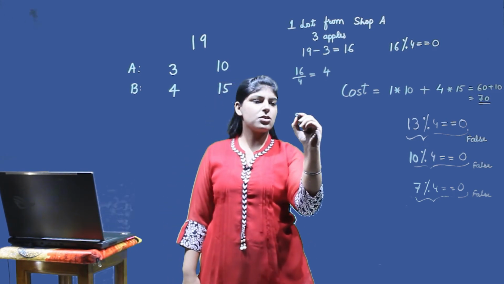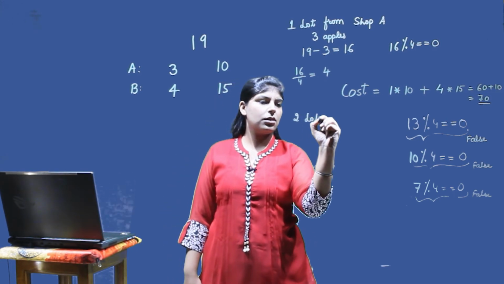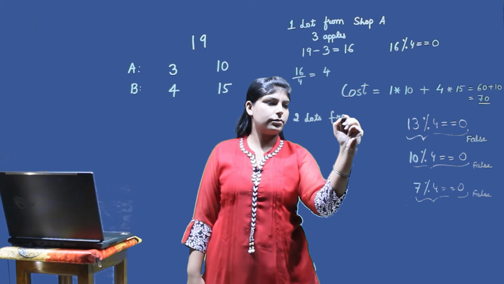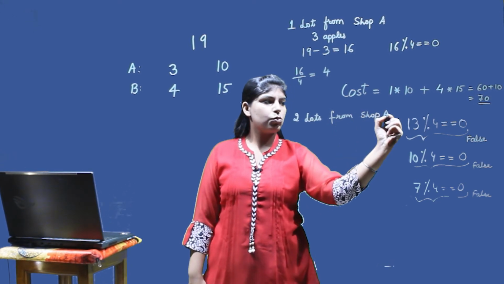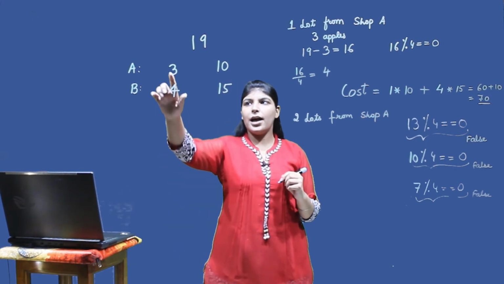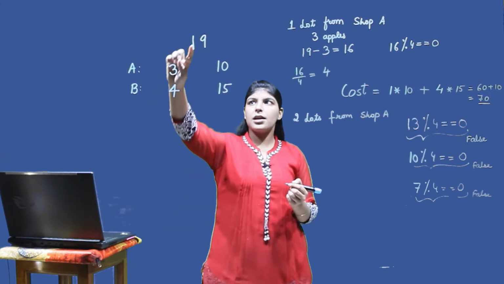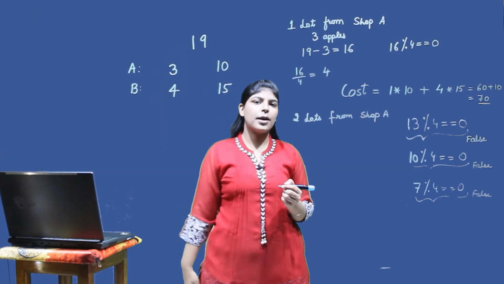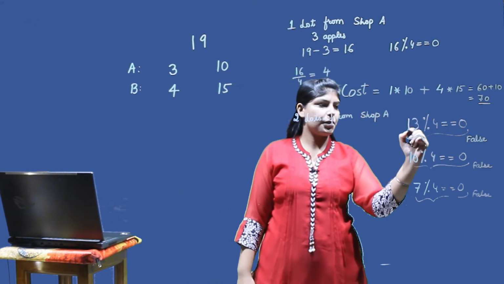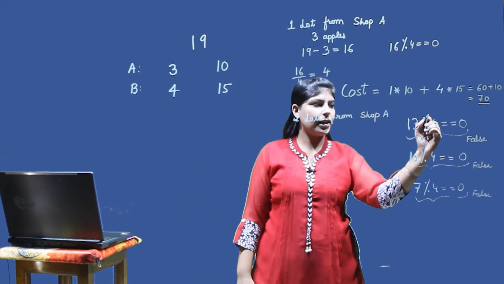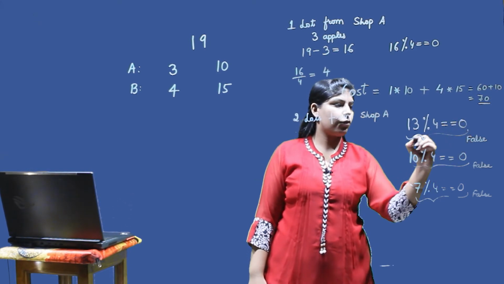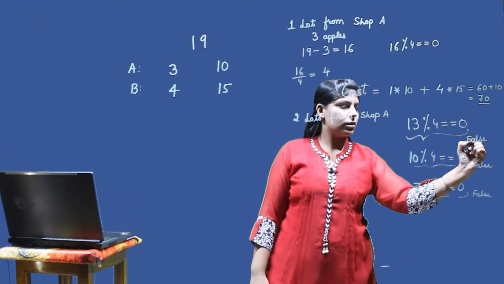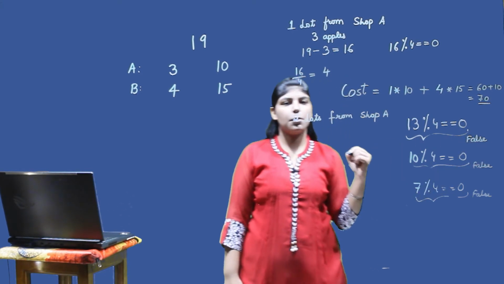Let's see the next option. Suppose Kazama buys 2 lots from shop A. He'll have 2 into 3, 6 apples, and the remaining apples are 19 minus 6, that is 13 apples. Kazama cannot buy 13 apples from shop B, so this is false and this option is not possible.